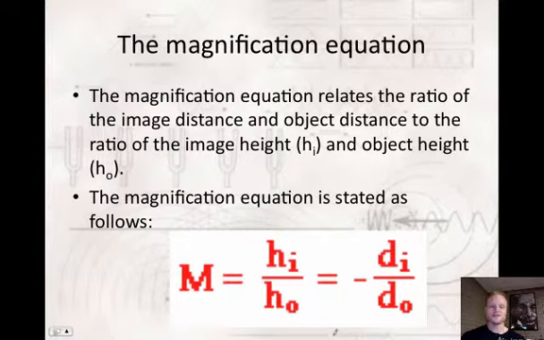That equation can be written as this: the magnification, which typically is just a numerical value, and if it's above 1, it's being multiplied by that. So if you get a magnification of, say, 2, it's going to be 2 times the object size. Basically it equals the height of the image, also known as HI, over HO, which is the height of the object. And that is also equal to the negative distance of the image over the object distance.